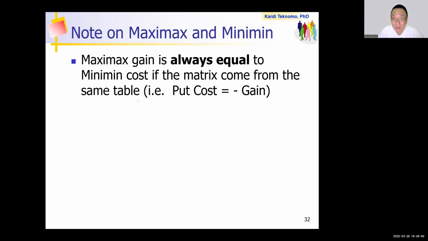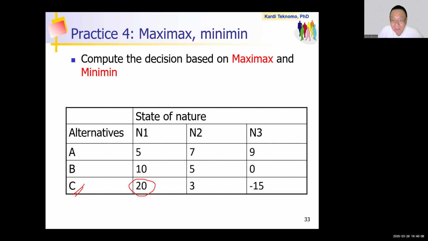Note that maximax gain is always equal to the minimum cost if you put cost equal to negative gain. So again, we use the same numbers. What we will do, you get the max. For example, if you use max, what is the value? 20, right? So you will choose C. Look at the same numbers, I can create different decisions depending on the criterion that you choose.